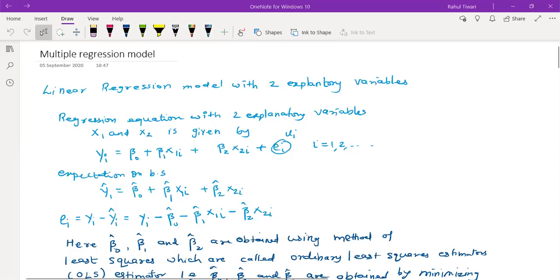Means if I have this x1, this xi, because xi contains so many observations, x11, x21, x31 and so on, right? If I'm considering only these many observations and I have done all the derivation, I know everything, what is my output?